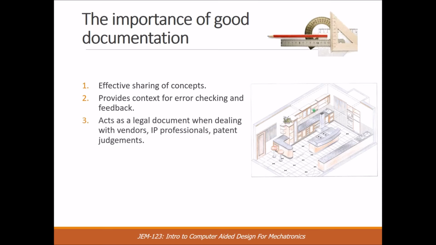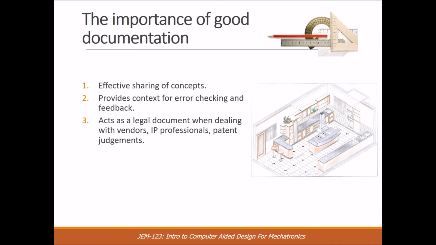When you're dealing with vendors and IP or intellectual property professionals or patent attorneys or patent judges, the documentation can form the center, the heart of your claim to ownership of a particular design or invention. If it's good documentation, clear, and presents what you're doing well, then it becomes a more effective baseline for your patent or your IP claim.